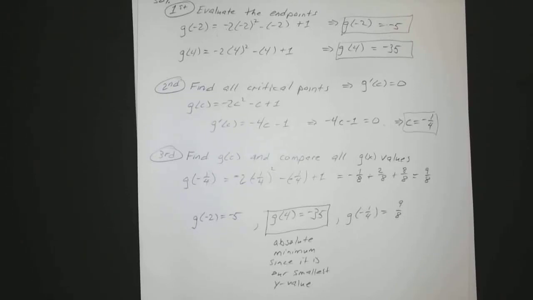Natural log of sine, that's u prime over u, so that would be minus cosine over sine of x.